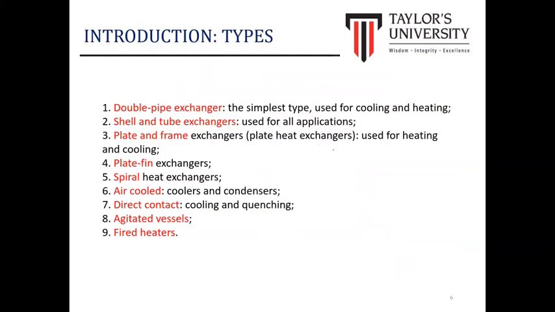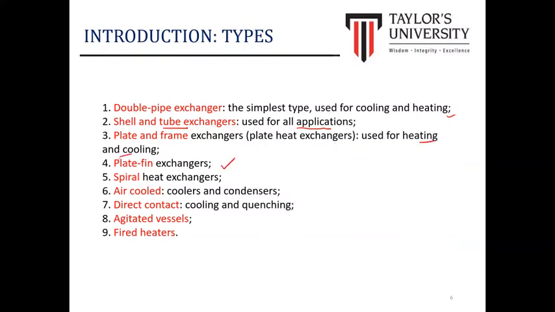Okay, the heat exchanger can be categorized into a few types. We have the double pipe exchanger, which is the simplest type, used for cooling and heating. Shell and tube exchanger, most applications use this type. Okay, plate and frame exchanger, also known as plate heat exchanger, used for heating and cooling.